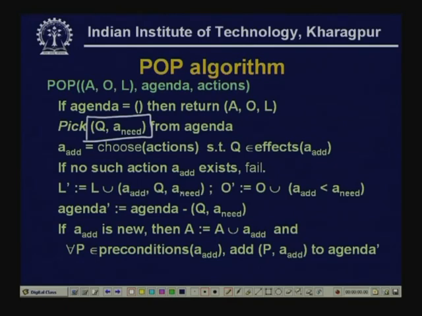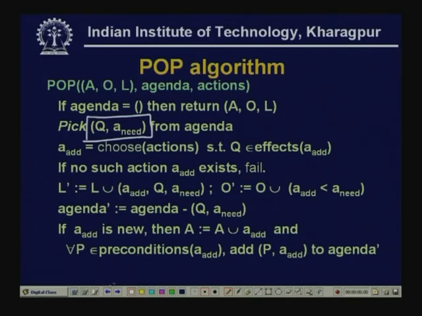Otherwise, we put L prime equal to L union A add, Q, A need. A add is the new step that we have obtained, Q is what A add achieves, and A need is what needs Q.